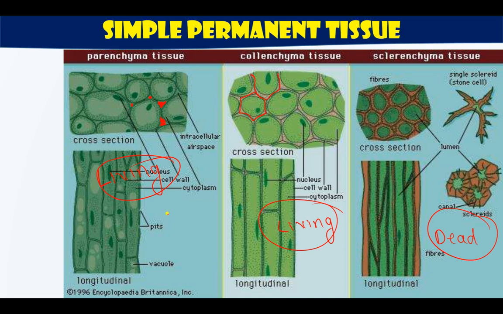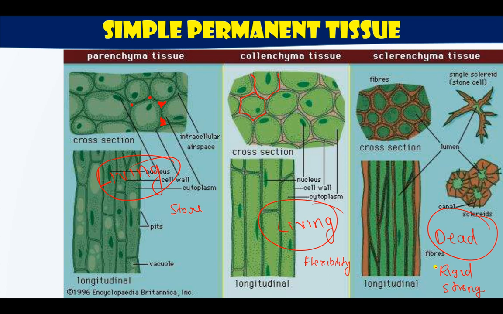Secondly, the primary function of parenchymatous tissue is to store food or to provide support or packaging. The primary function of collenchyma tissue is to provide flexibility and mechanical support to plants, and the function of sclerenchyma tissue, right, is to make the plants rigid and strong or to provide strength to the plants. Fine. This is the basic difference between them.